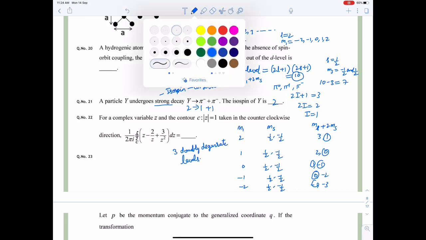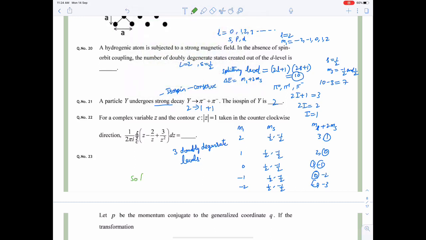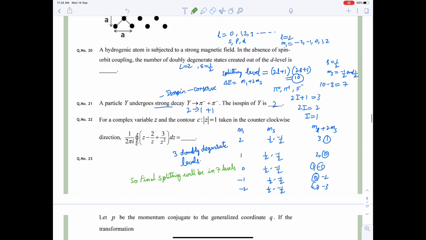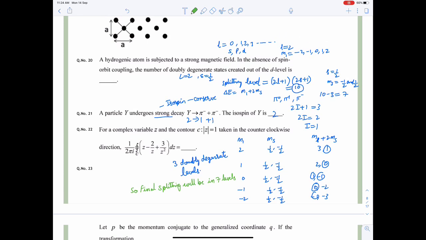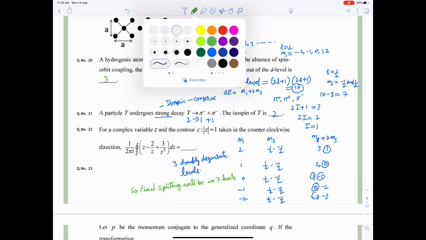So the final splitting is into 7 levels. You have to keep in mind that you subtract from the total splitting if any state is doubly degenerate. There are 3 doubly degenerate, so the subtraction here is 3.